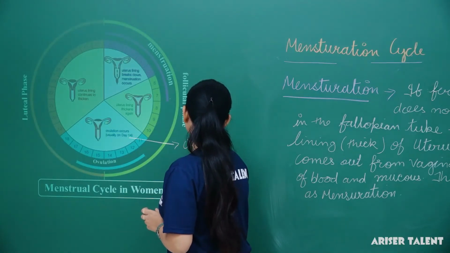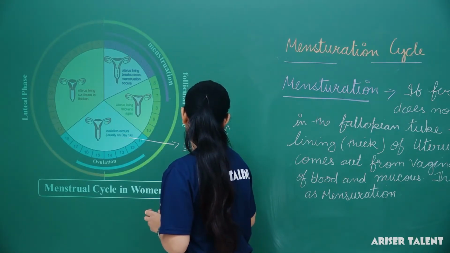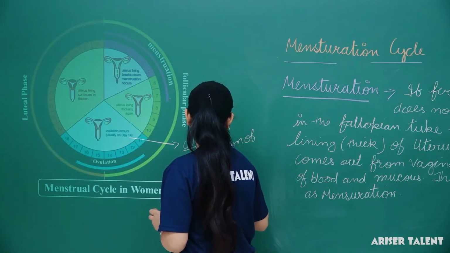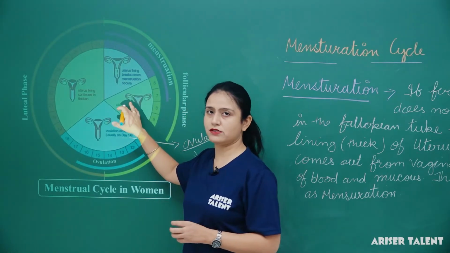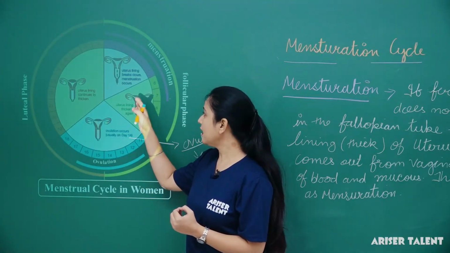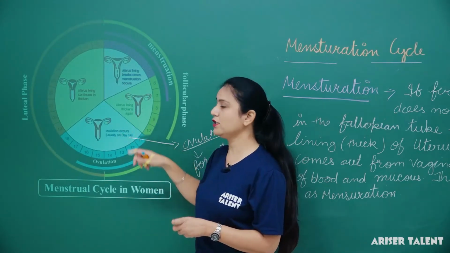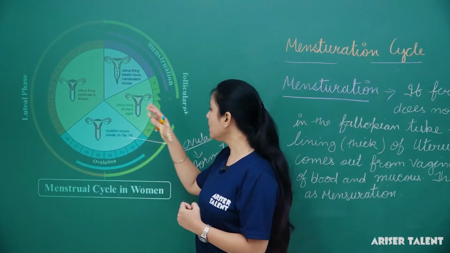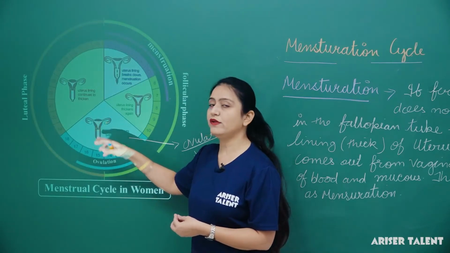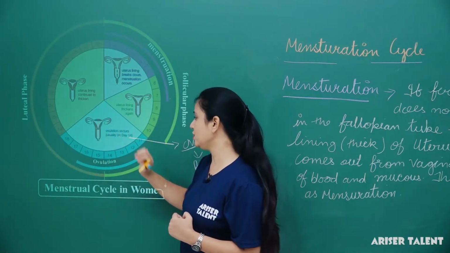From the 6th day, the ovaries release the female hormones estrogen and progesterone, and these hormones help the uterus lining to thicken again. Then from the 11th day itself, the ovaries start producing ova. This process is known as ovulation.